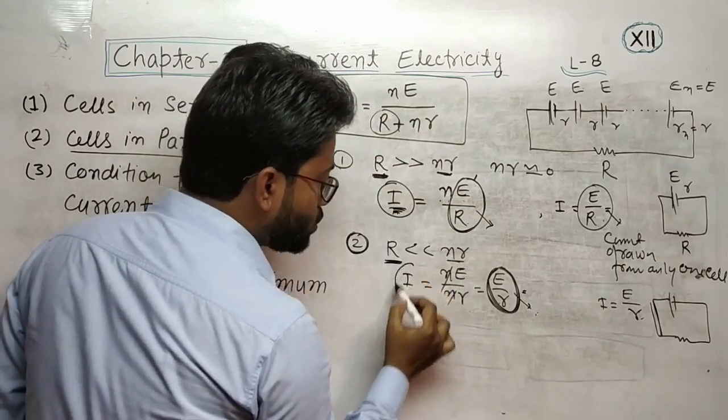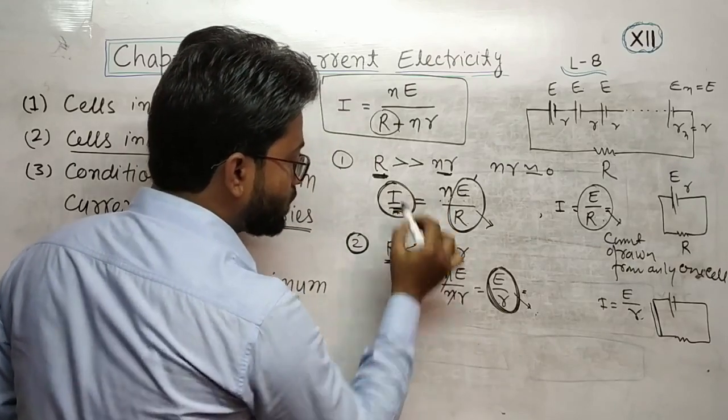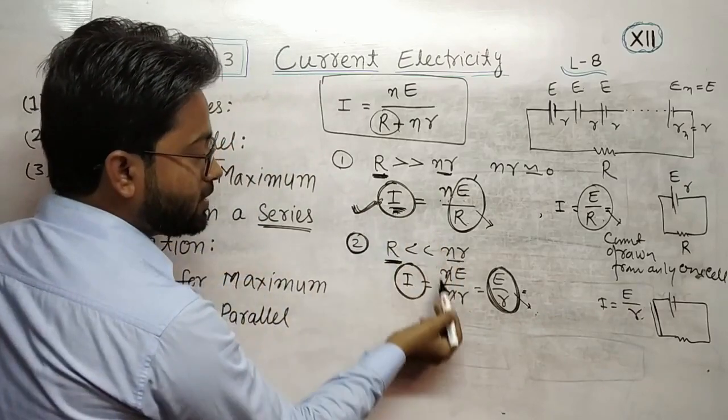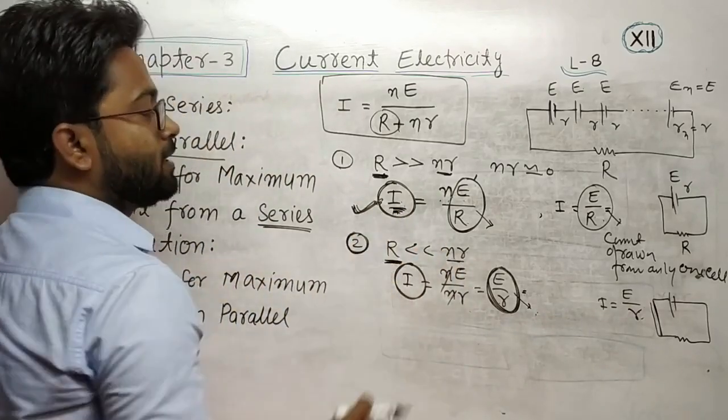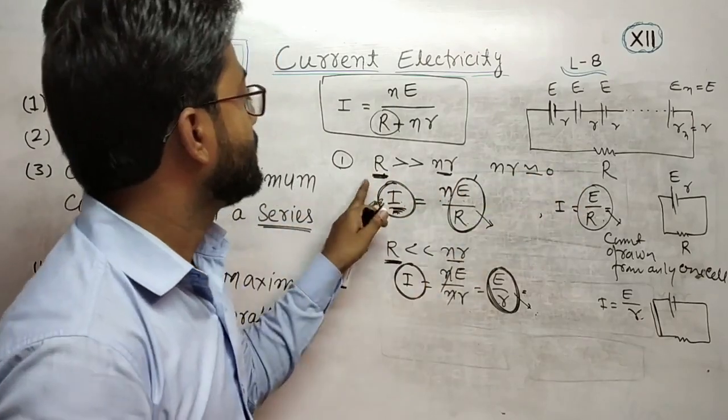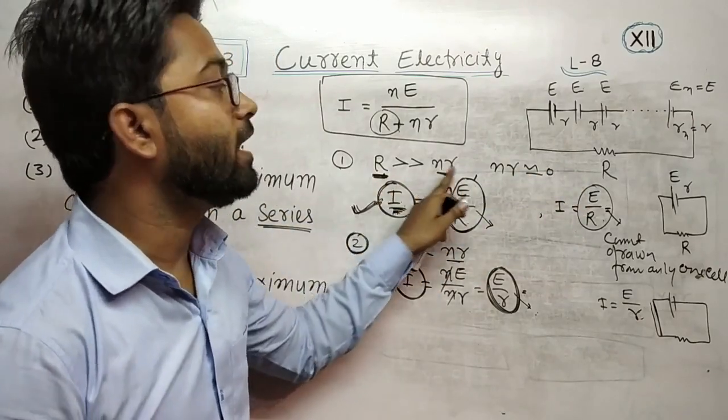Between these two currents, we can say that the current is maximum when the external resistance is greater than nr.